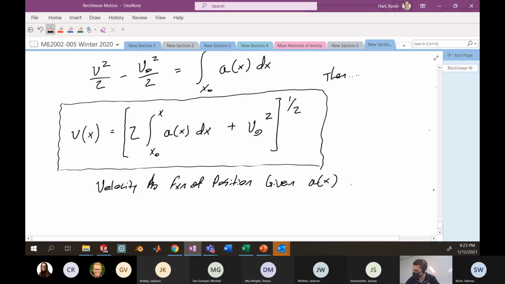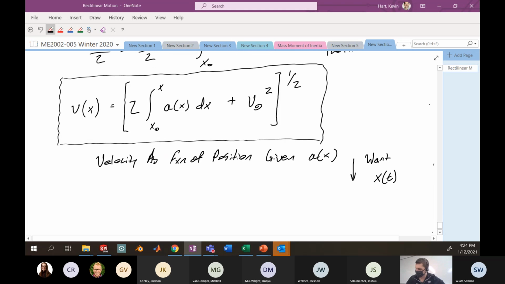All right, one more step to get position. Ultimately, you want position as a function of time out of this, which looks a little bit difficult. How do I get position as a function of time given initially acceleration as a function of position? A little bit difficult to do. Okay.